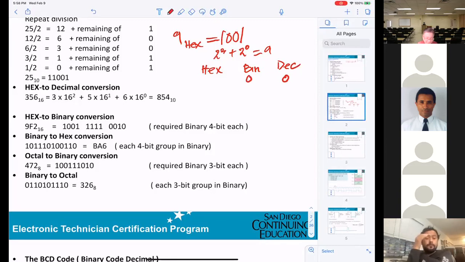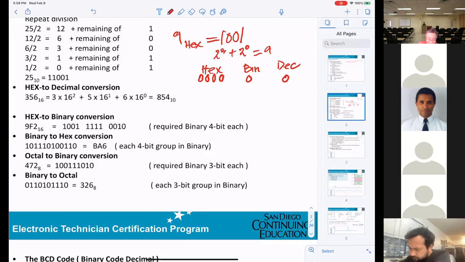However, hexadecimal is different. Hexadecimal requires 4 bits, 1, 2, 3, 4, to make up 1 digit. They must be 4.